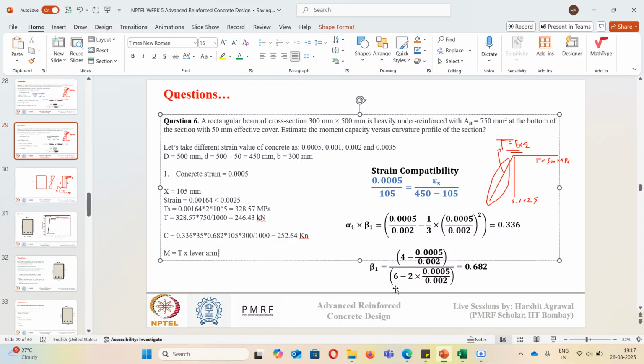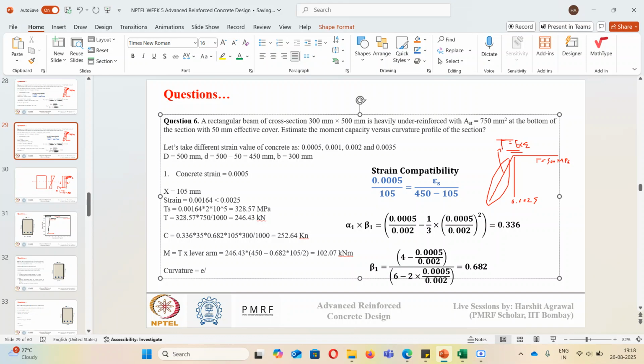So it is 246.43 times 450 minus 0.628 into x by 2. This value we get as 102.07 kilonewton meter.